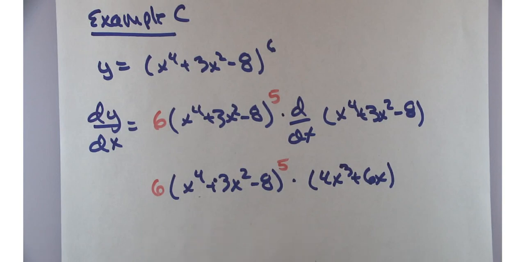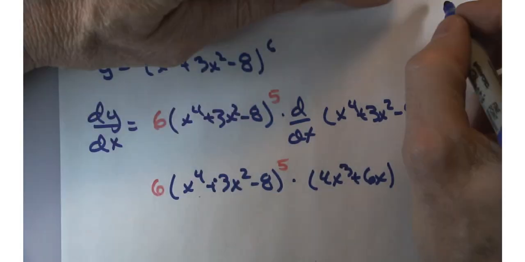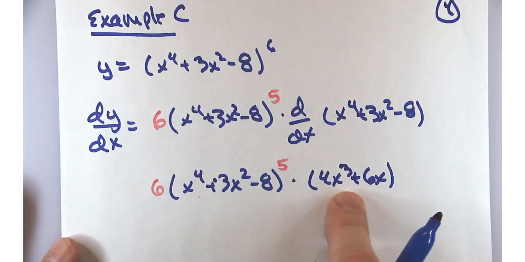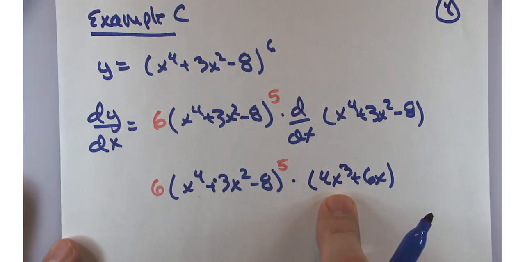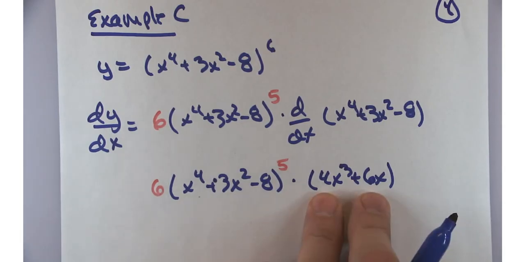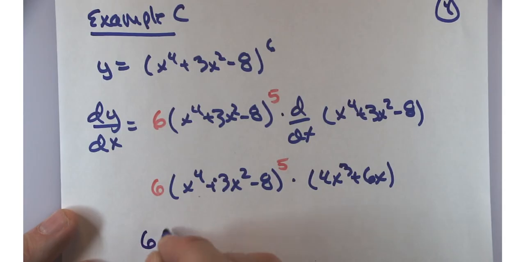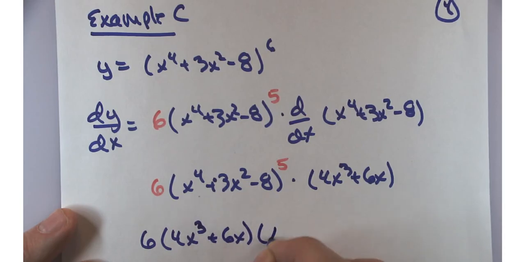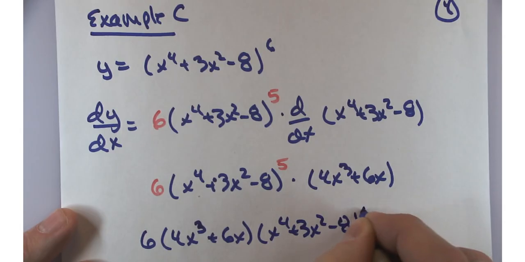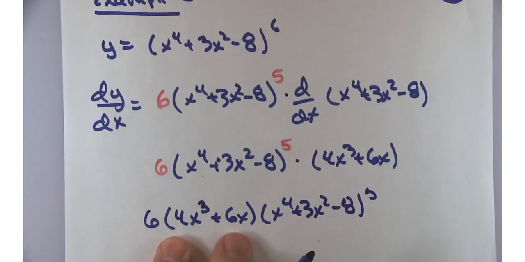Yes? This might be a silly question. No. So we can't add 4 plus 6. Technically, we could extract the 2 out of that. Yeah, we could take out a greatest common factor here. So if you wanted to, let me write that out. You could factor out a 2 here.